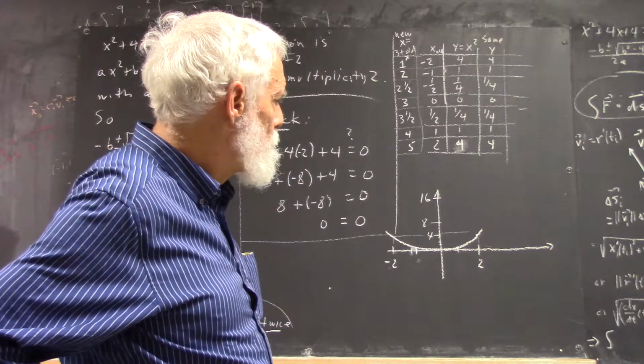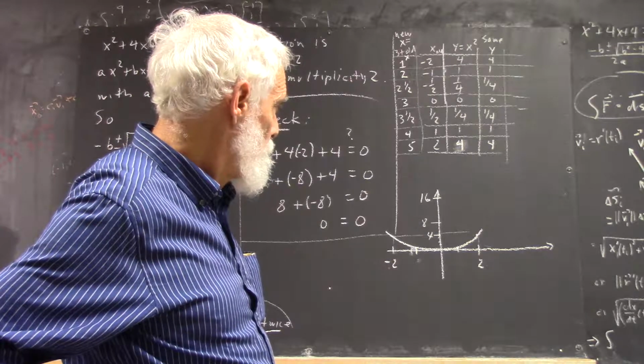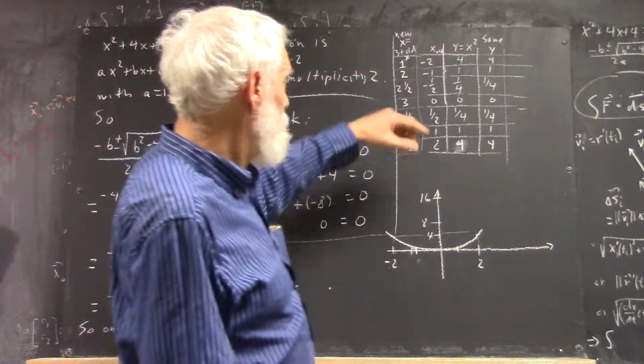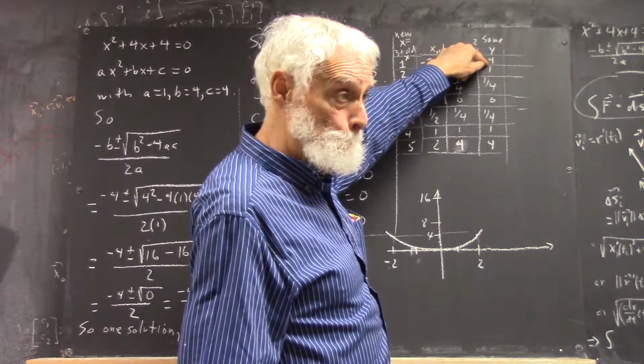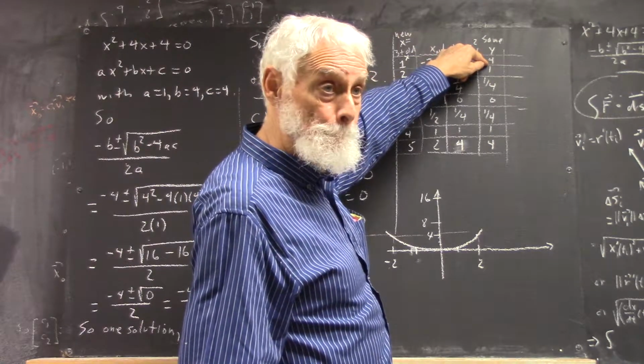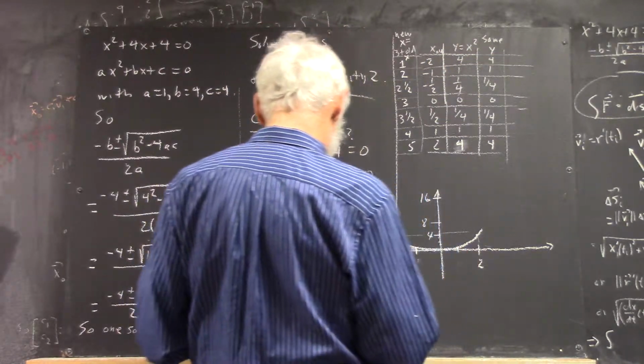Okay, so where's my first point going to be? I'm going to have x equals 1, y equals 4, right? Okay. Well, that means x is going to be 1 and y is going to be 4.